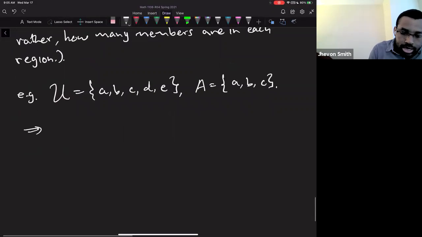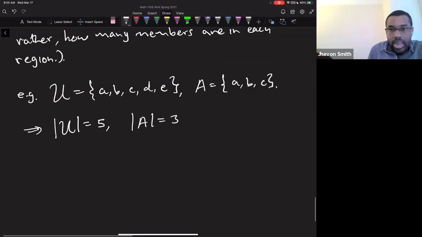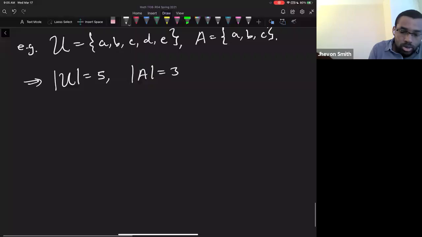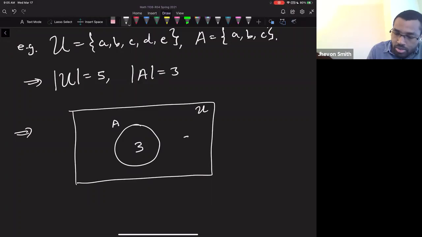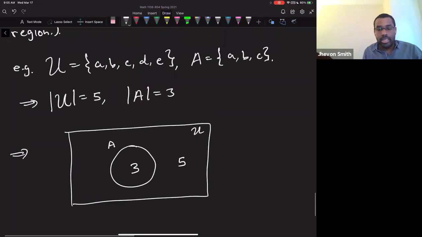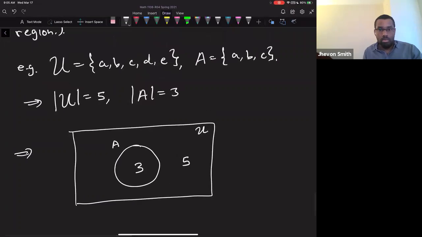Notice this means that the size of the universe is 5. There are only 5 things in this universe. The size of the set A is 3. So for my Venn diagram representing this situation, I would have a U up here, I would have A in a circle here, and I would write the number 3 in here and the number 5 out there. I wouldn't actually list the A, B, and the C. I would just write there are, no, not 5, sorry. There are only 2 things out here.